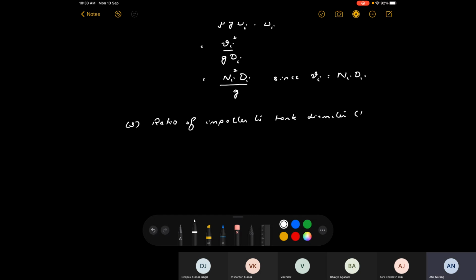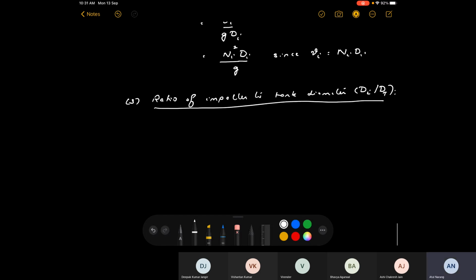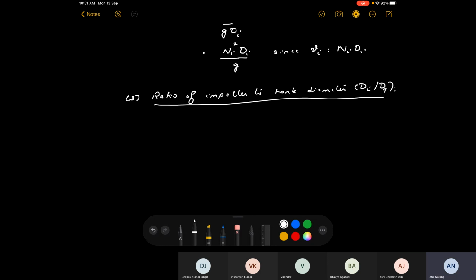So this is basically di, the impeller diameter, divided by the tank diameter, which I told you is typically on the order of 1/3. Okay, so there is no need to add anything to it.